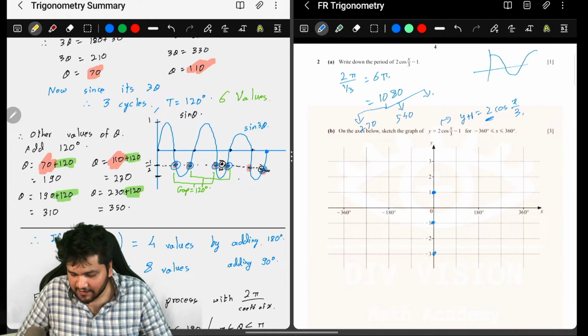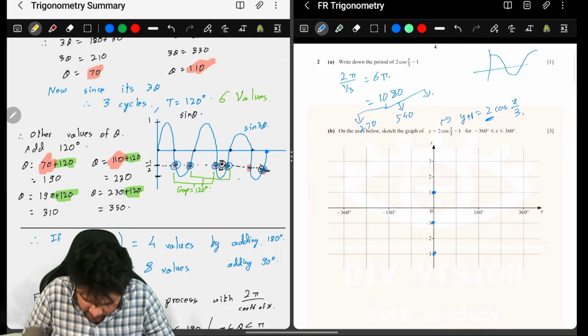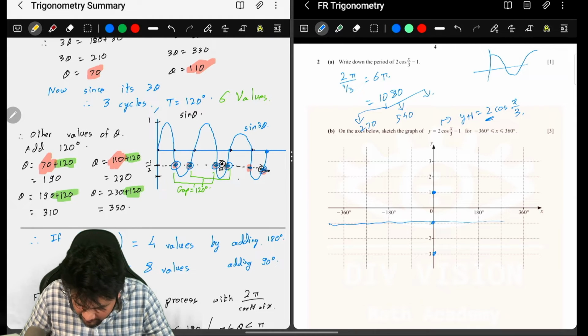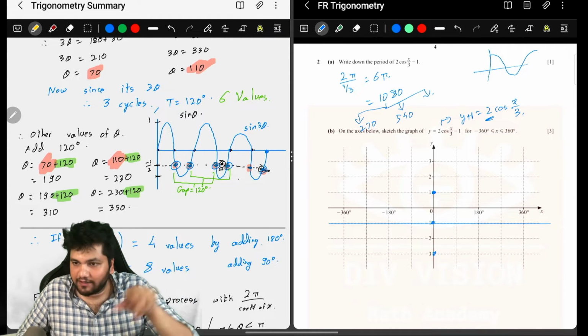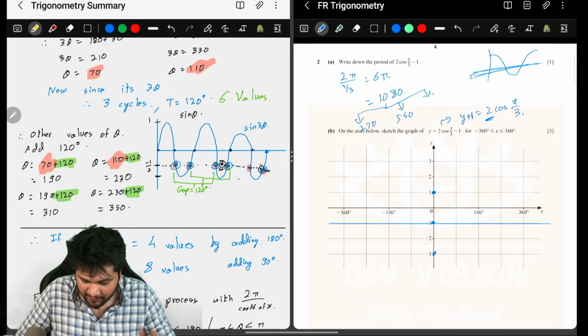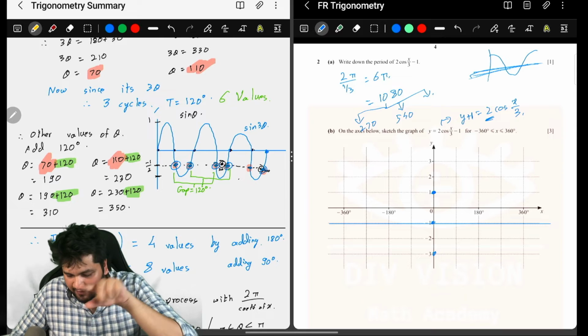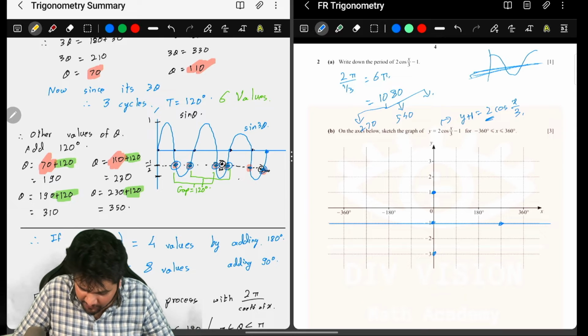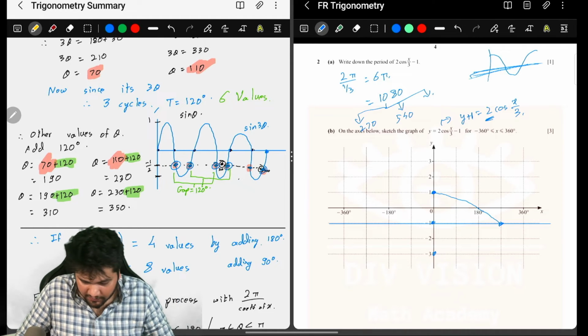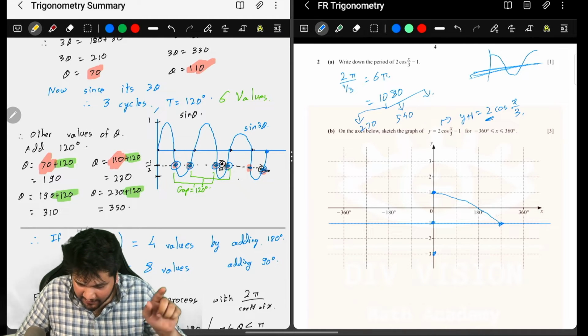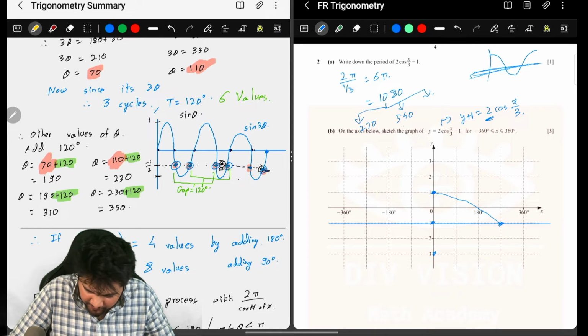Now the thing is, since they have only given till 360 degrees, see, this is going to be the principal axis where cos will vary, like this axis basically I'm talking about. Now the first dip is here at 270, so it would be somewhat like this. Obviously just make it a proper curve, right? And then the next dip, the minimum point, will be at 540.